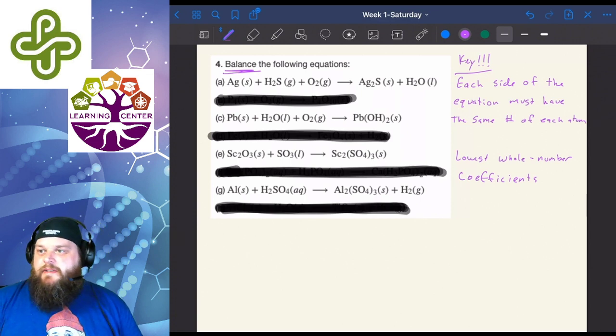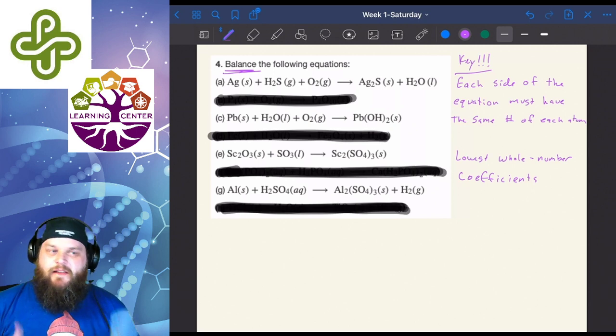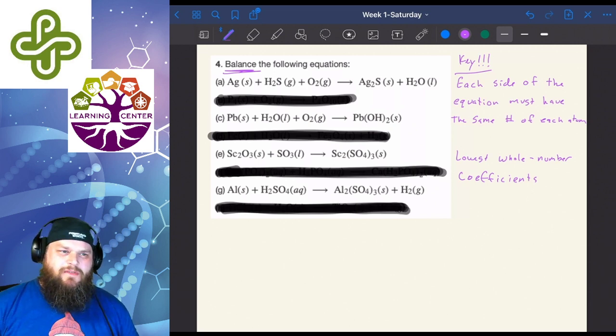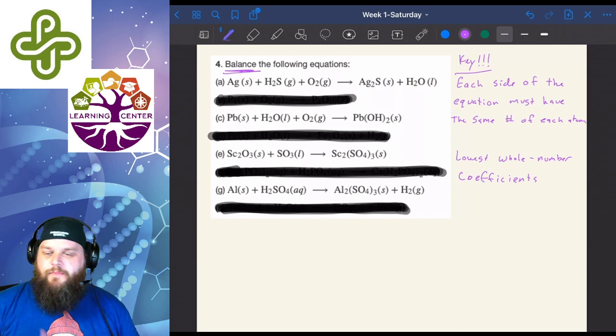So what that means is no fractions in the coefficients. Sometimes you might see fractions in the coefficients. They're not exactly balanced chemical equations. We use those sometimes for the equation of formation of different things. But whenever we're talking about a balanced chemical equation, we always have whole numbers and the lowest whole number. So there should be no common factors of any of the coefficients and the lowest possible numbers you can have.